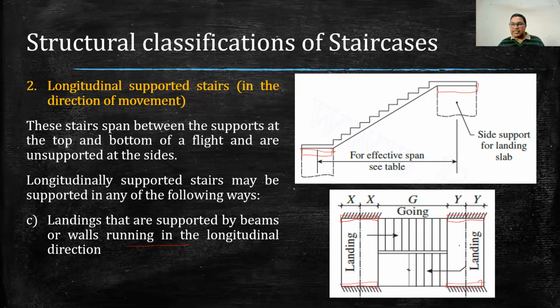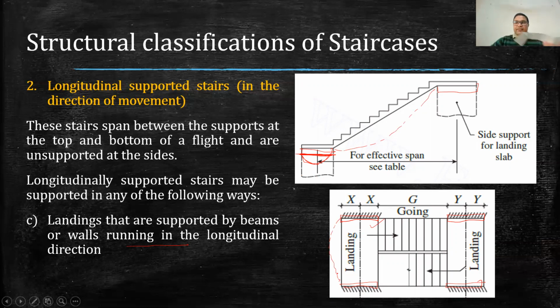So in this case, what is happening? One bending will be happening like this, and the bending of landing will not be happening like this. Why? Because we have already provided the beam or support here. So where will bending occur? Bending here in this case will be parallel to the steps.